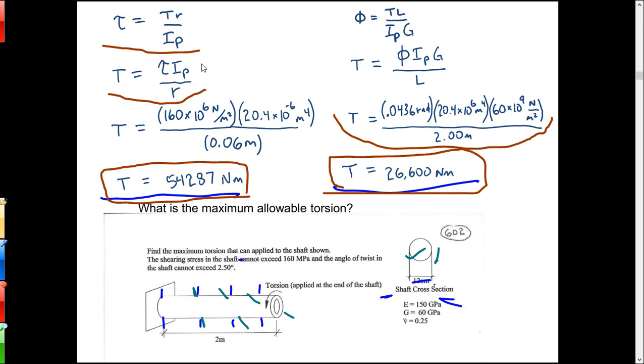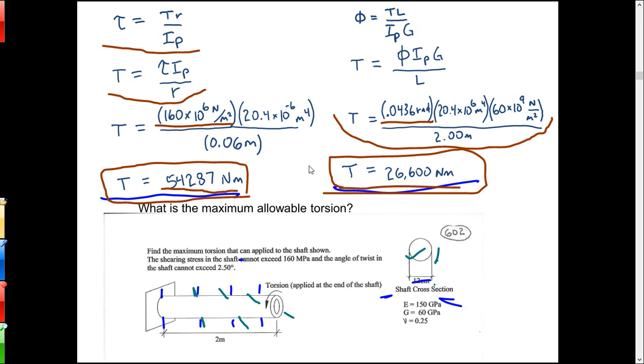So we get two different torsions for these two different limiting values. If our shear can't exceed 160 times 10 to the 6, we can apply a torsion of 54,287 newton meters. If the twist at the end of the shaft can't exceed 0.0436 radians, we get a torsion of 26,600 newton meters.